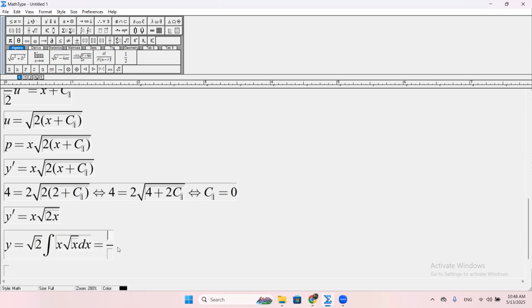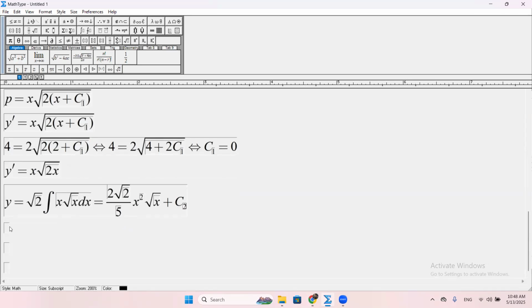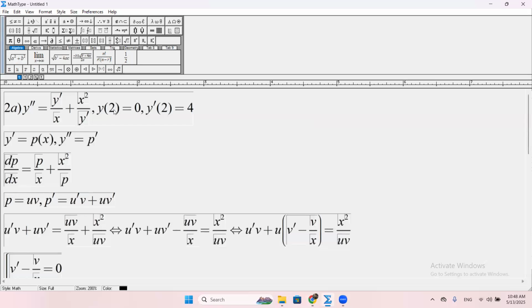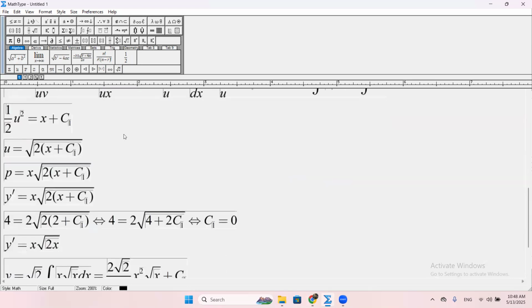So it will be equal to square root of 2 times 2 over 5 x square square root of x plus c2. And now taking into consideration the initial condition that y at 2 equals 0.